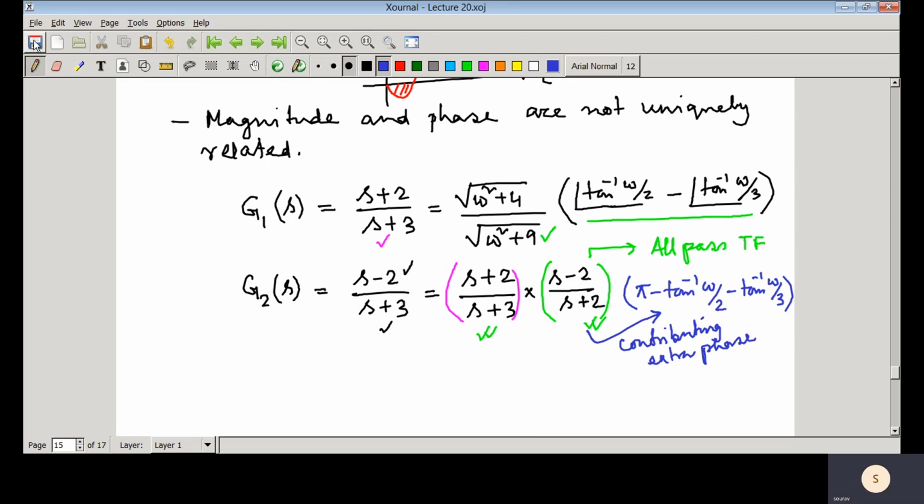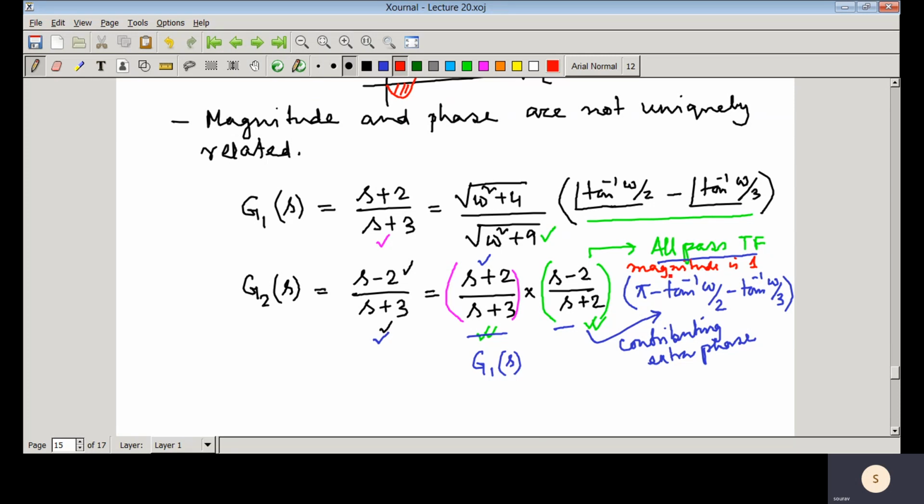So what we have seen here, whenever there is a zero on the right half of the S-plane, it can be represented as the product of two factors, and the first factor is similar to G1 of S. That means poles and zeros are in the left half of the S-plane, but there is one all-pass transfer function, and its magnitude is always 1. So we can write here that magnitude is 1 all through the frequency.